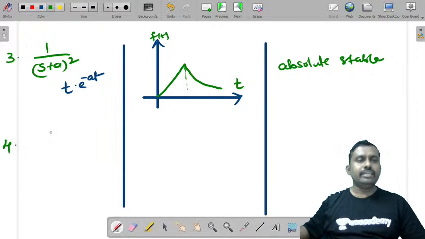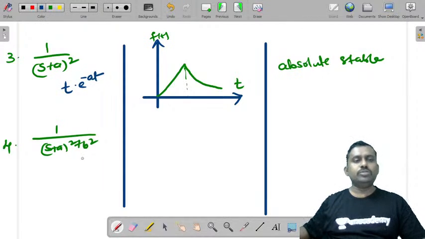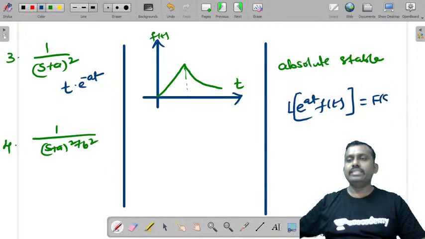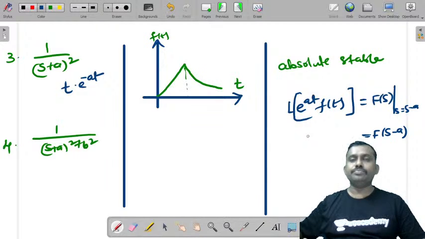Now let us consider the fourth one, 1 by s plus a whole square plus b square. What is the Laplace inverse of this? You need to know the Laplace transform of the given function first. So the first shifting theorem: Laplace of e power at into f of t is f of s at s is equal to s minus a, or you can also write it as f of s minus a.